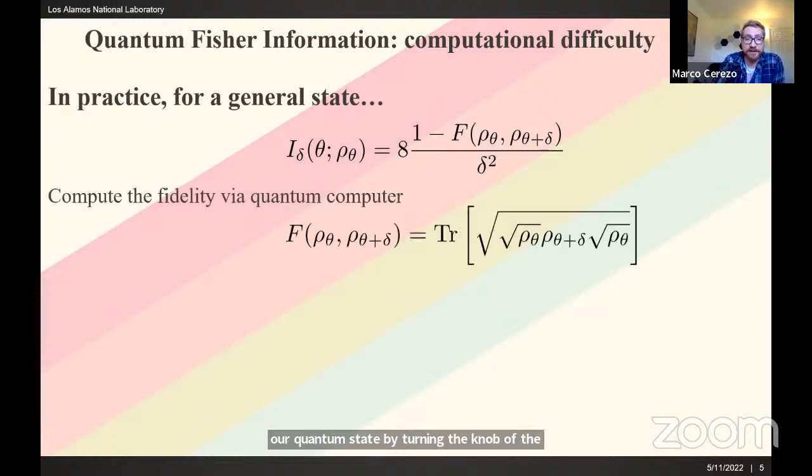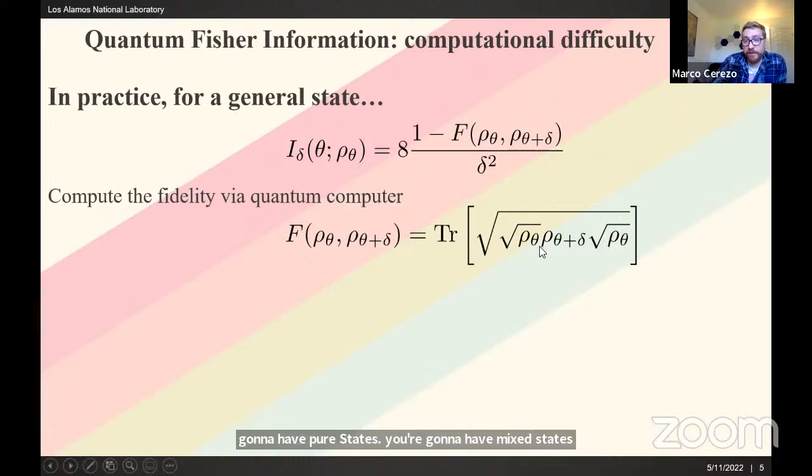But most importantly, if we want to compute this fidelity through a quantum computer, we're generally going to have a problem, because the fidelity is a nonlinear quantity of the matrix elements of my density matrix rho. The fidelity, of course, becomes the overlap for pure states, but we all know that in practice, quantum systems and quantum technologies are not ideal. You're not going to have pure states, you're going to have mixed states, and the fidelity for mixed states is not as trivial to compute, right?